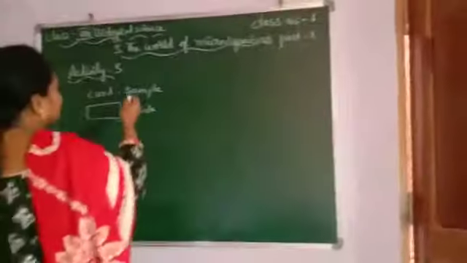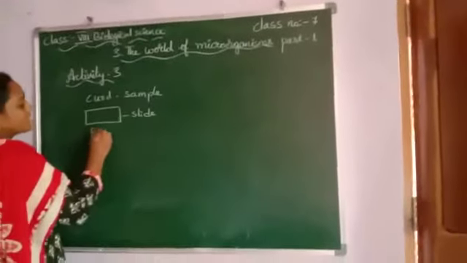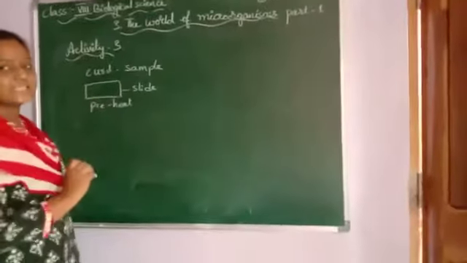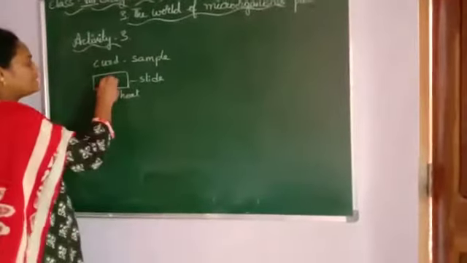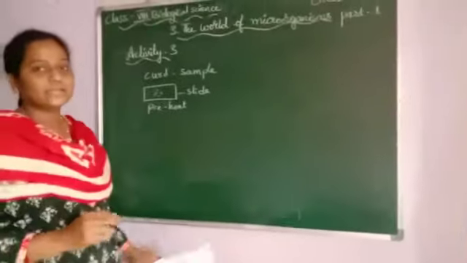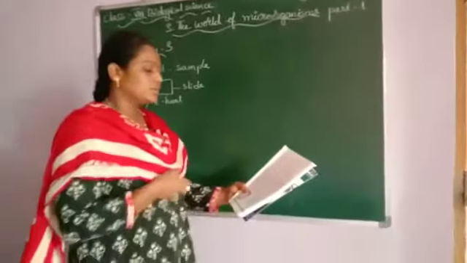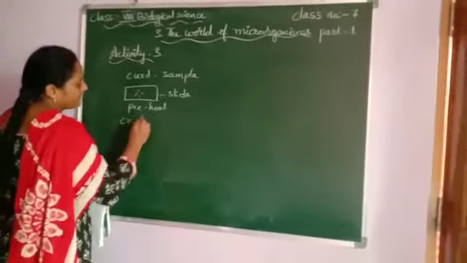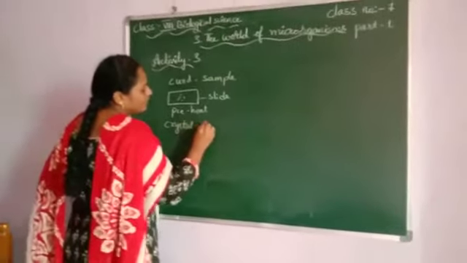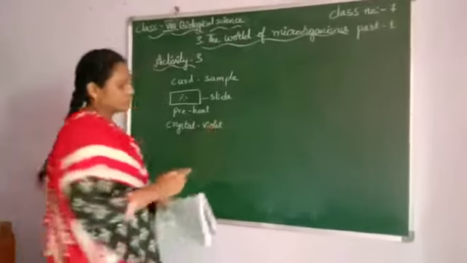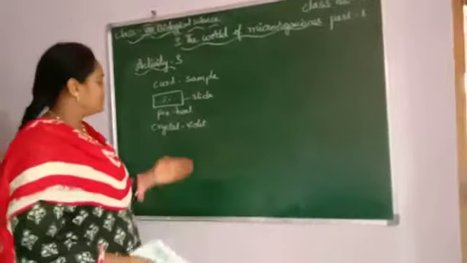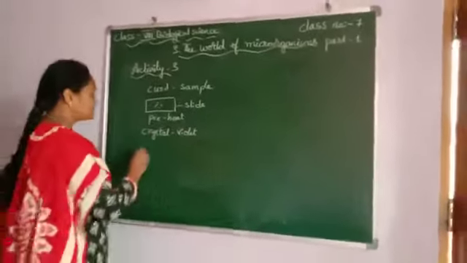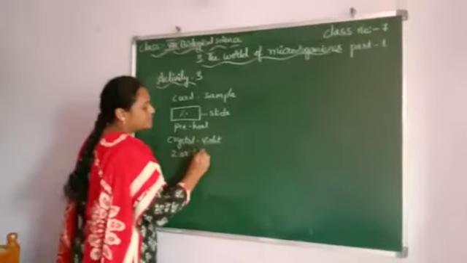After taking the sample on the slide, we have to preheat it. After spreading and preheating the curd sample on the slide, we add a few drops of crystal violet and leave it for 20 to 30 seconds.